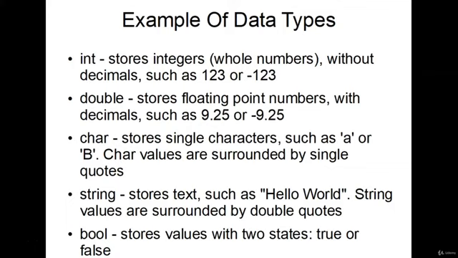The string is text. You guys remember this, we used it for our hello world. And bool stores values that are in two states, either true or false. And in the next video, we're going to cover the exact ranges for these primitive data types. But for now, just wanted to give you guys a general idea of what they are.